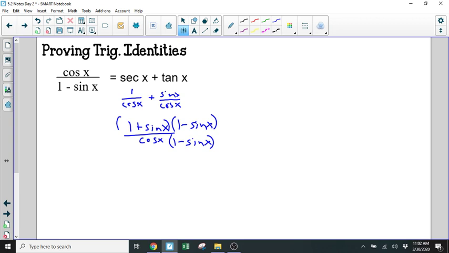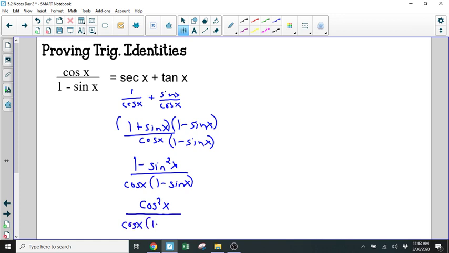Okay, so 1 plus sine x times 1 minus sine x is going to give me that 1 minus sine squared. And 1 minus sine squared is the same thing as cosine squared. And then we're able to simplify here.